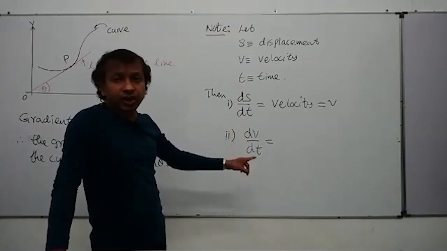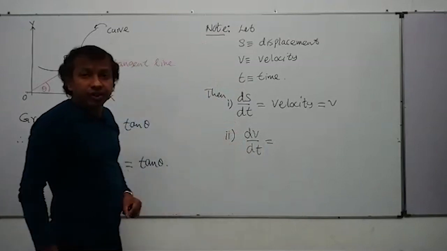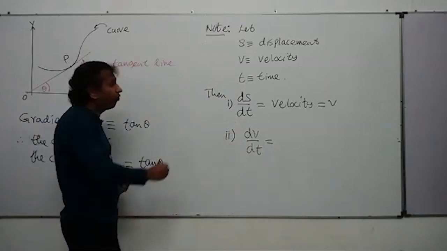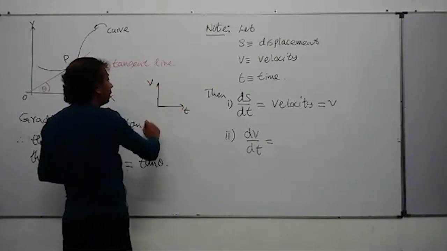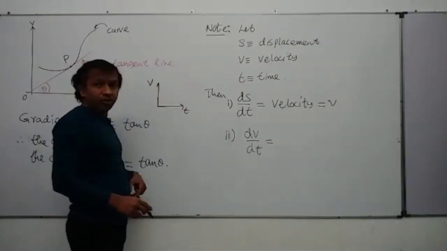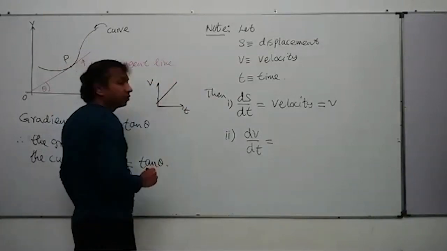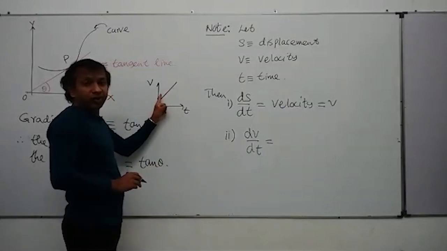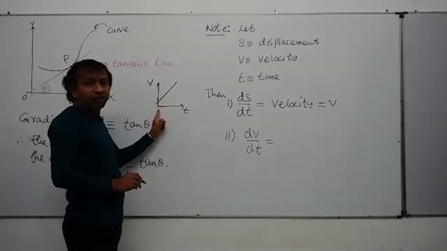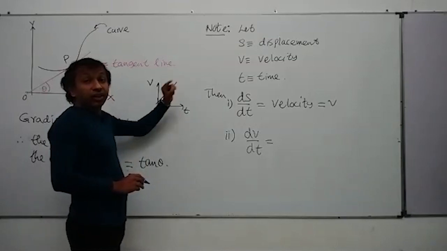If this dv by dt ratio is positive, you can see the gradient is positive, no? Of what? Of the velocity and time graph. Here time, this is velocity. dv by dt means gradient. Then the curve should be like this vt graph. Gradient is positive. When we have this kind of velocity time graph, as the time elapses, velocity increases.